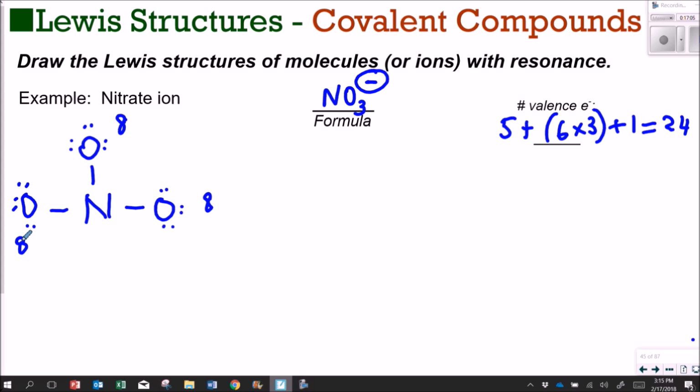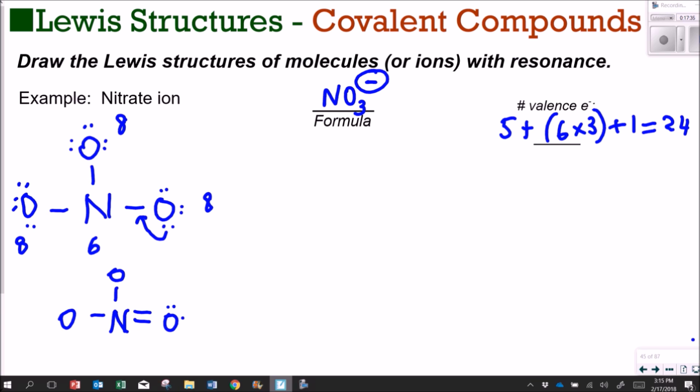The nitrogen, however, only has 6 electrons around it. So it is not yet satisfying the octet rule, and it has to. So we are going to form a double bond by transferring 2 of the oxygen electrons here to the bonding area. So our structure instead will be nitrogen with the 3 oxygens, and we have a double bond here.